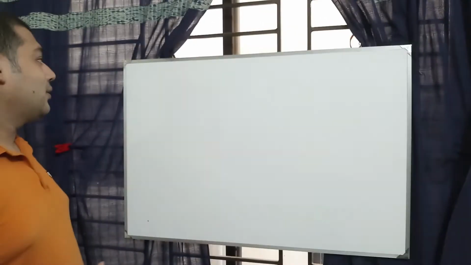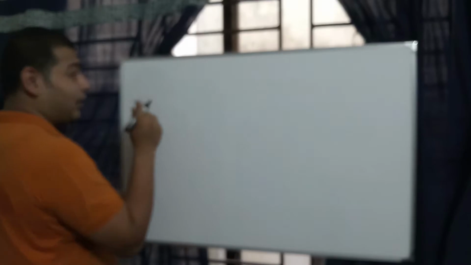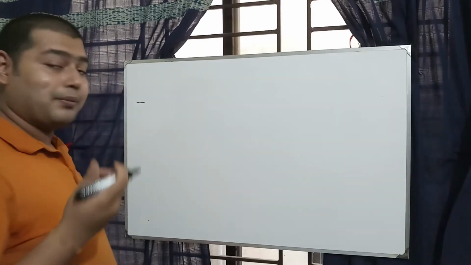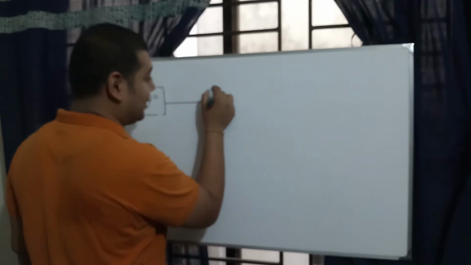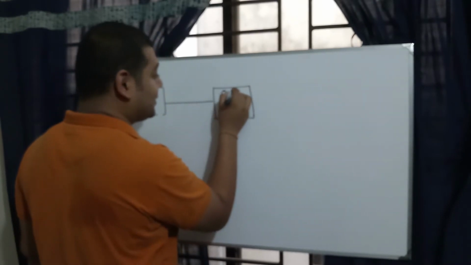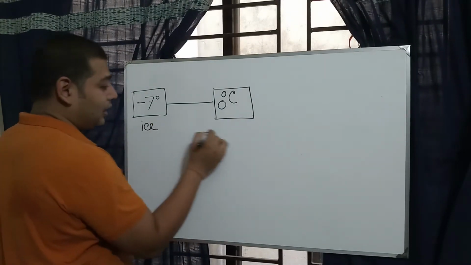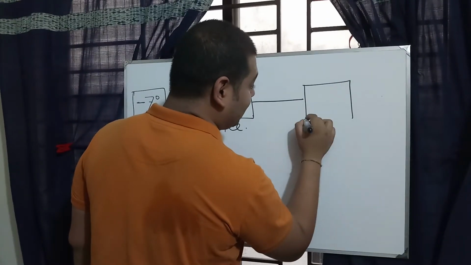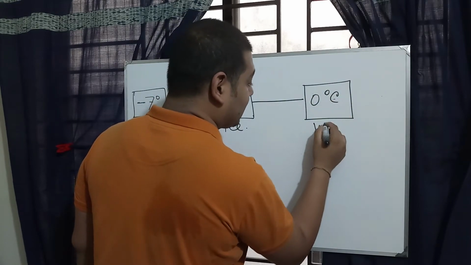So here we have some steps. If we get a piece of ice of temperature -7 degrees Celsius, then in the first step it converts to 0 degrees Celsius ice. Then 0 degrees Celsius ice converts into 0 degrees Celsius water.